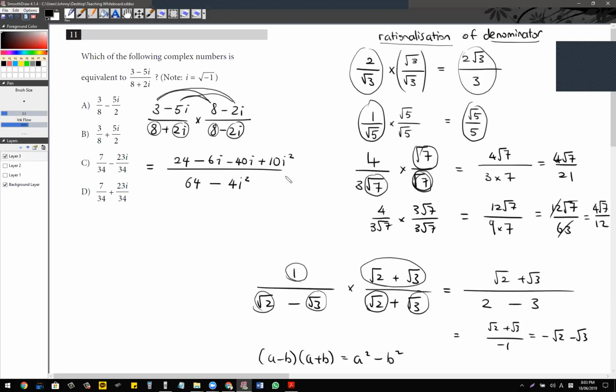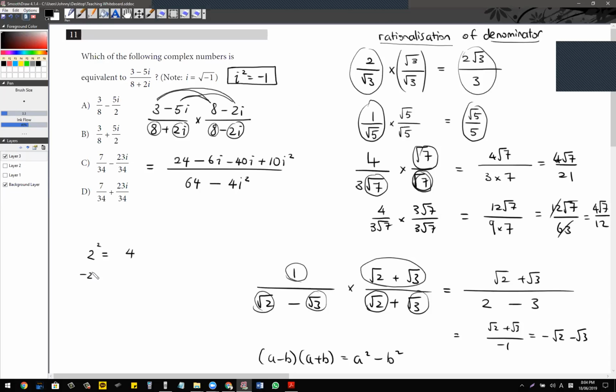The reason why we do this is you need to know that i is the square root of negative 1, therefore i squared is actually negative 1. Okay. This is pretty strange stuff. How can a square of something be negative? Think about this. What's the square of 2? 4. Positive 4, right?